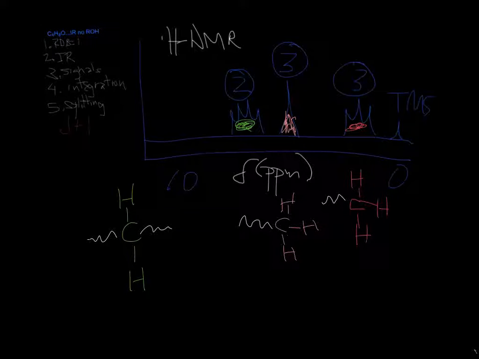Is it a singlet, doublet, triplet, quartet, quintet, hextet? How many little individual peaks are there? Don't overthink this. What does it look like?